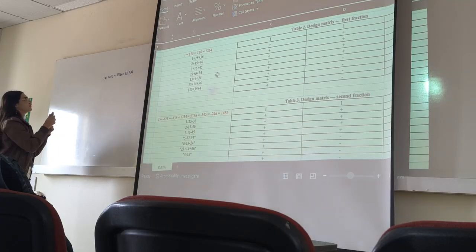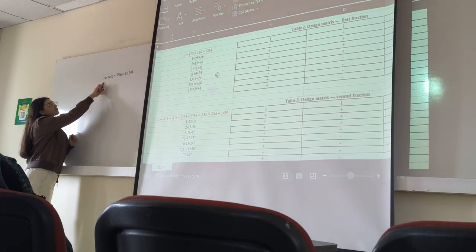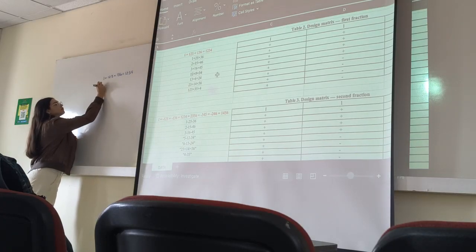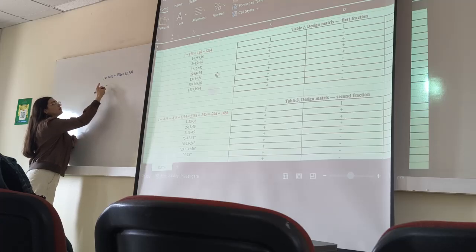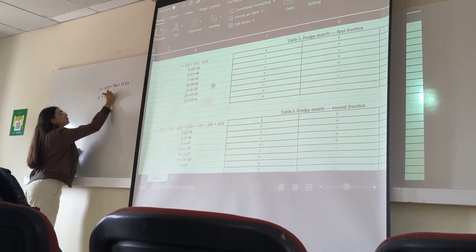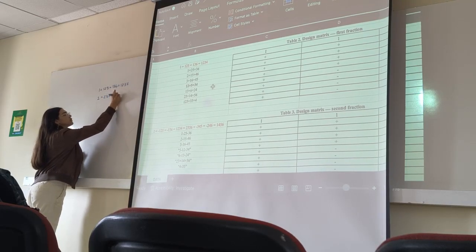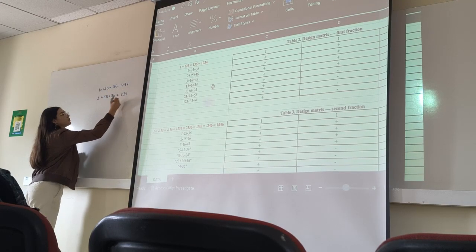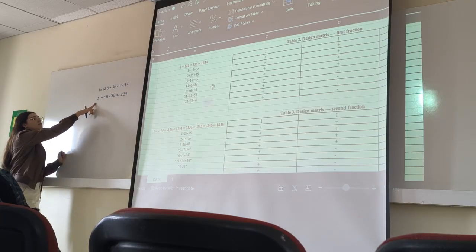If you use the 1, here you have the 1, so you delete it, so you have 2 5. In this case, the same, and the same in this. So that will be the confusion of the variable 1.